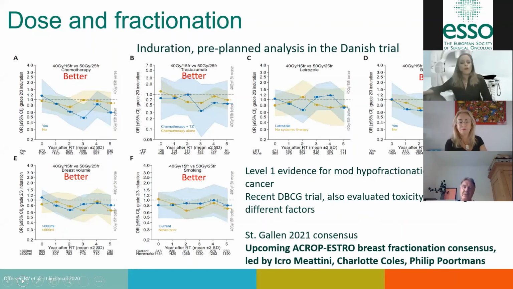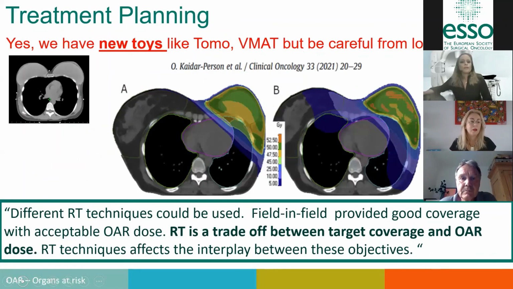We have known for decades that it reduces toxicity without compromising oncological outcome. And if it reduces the toxicity of the breast, then why not in case of reconstruction? And this is why we have the St. Gallen consensus for moderate hypofractionation in case of immediate reconstruction, and the upcoming ACROP-ESTRO guidelines that are planned to be published soon. And also, we need to choose the right radiation technique.